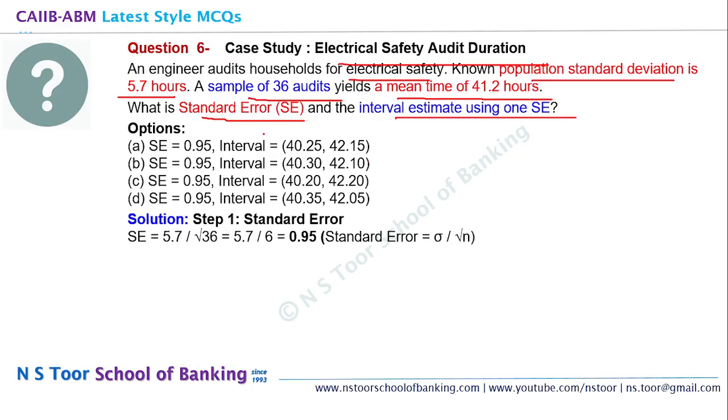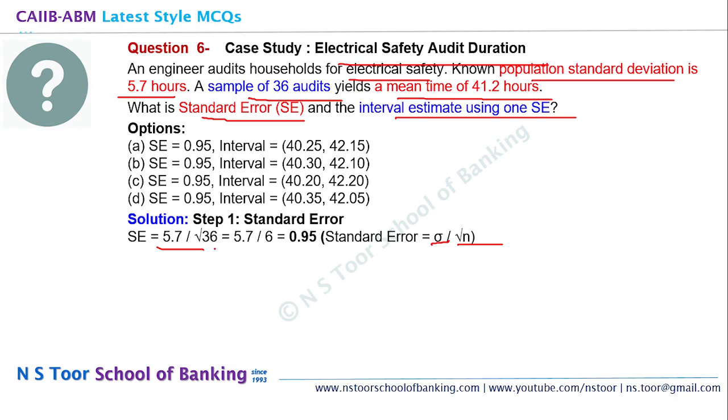So first, to calculate the standard error, what is the formula? Standard error is equal to sigma, or you can say the population standard deviation, divided by square root of number of samples. Population standard deviation is 5.7 divided by square root of number of samples.